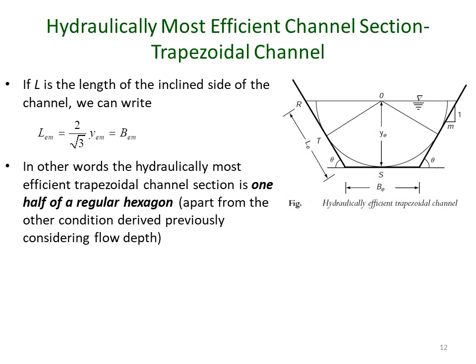So this is another very interesting and important result: for the hydraulically most efficient trapezoidal channel section, the length of the inclined side becomes equal to the base width of the channel. In other words, the hydraulically most efficient trapezoidal section is one half of a regular hexagon, for which the sides are equal.